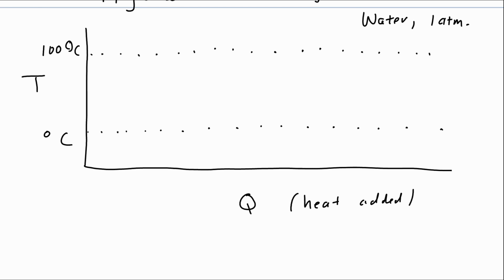So if I have water at 1 atmosphere and I'm below 0, what is it? Ice. If I'm between 0 and 100, what is it? And if I'm above 100, what is it? Right, okay. So if I start with it pretty cold and I add heat, remember, dQ is C dT, and this is the heat capacity.